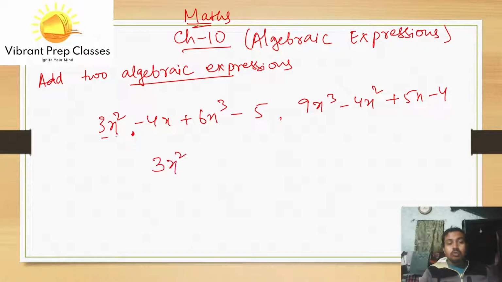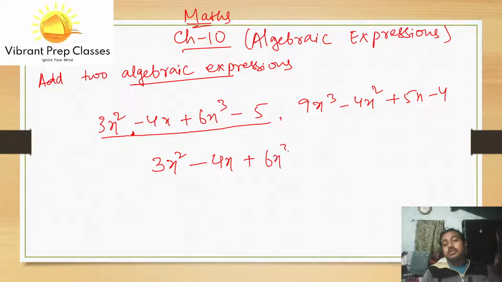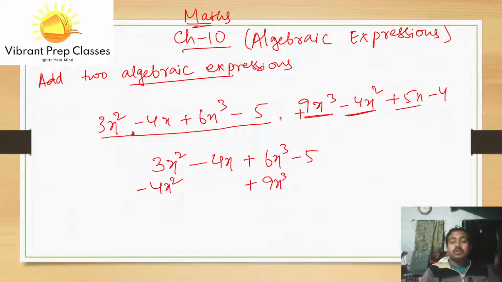The first expression we will keep as it is, 3x² - 4x + 6x³ - 5, and then starting from the second expression we'll put it like this: 9x³, in front nothing means plus, so plus 9x³. Then -4x², so we'll put it under -4x². Then plus 5x, so we'll put it under x, and -4.